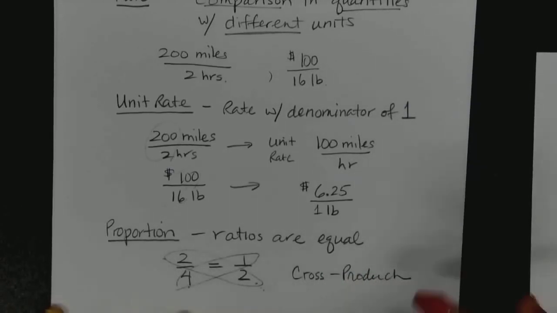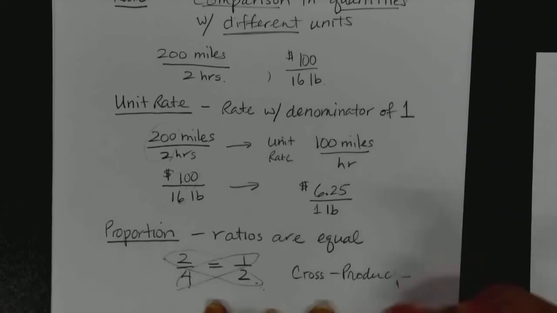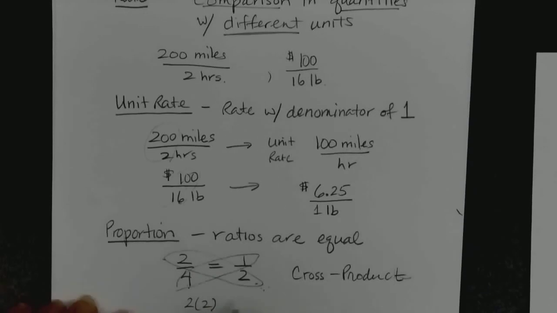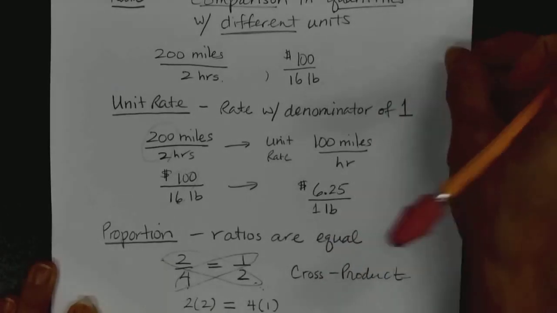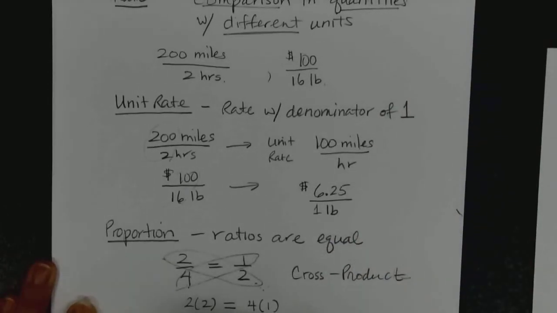If the cross products are equal, 2 times 2 equals 4 times 1, then you know that the ratios are proportional. So 4 equals 4. These two are proportional.